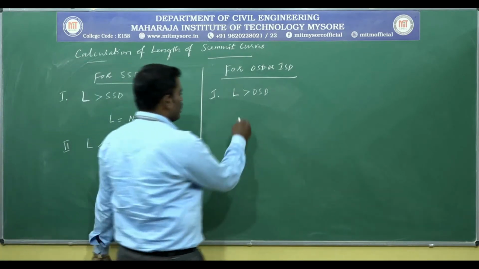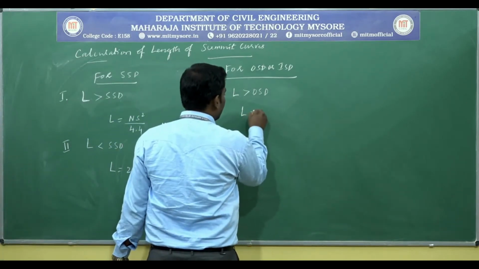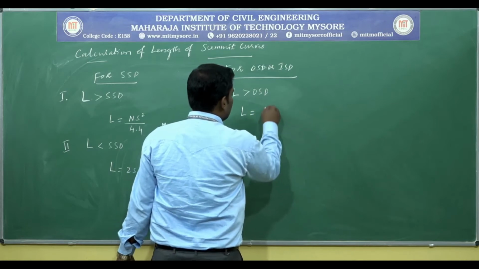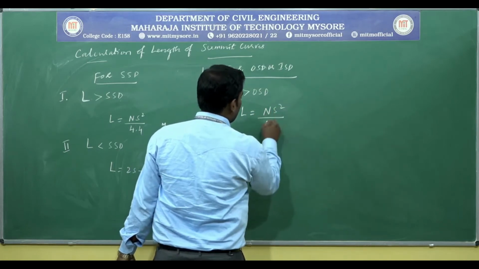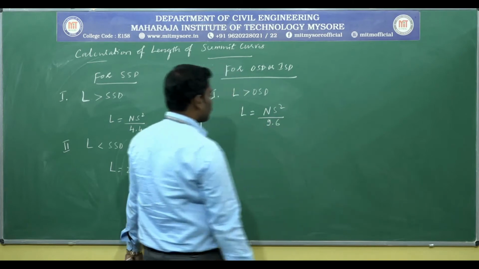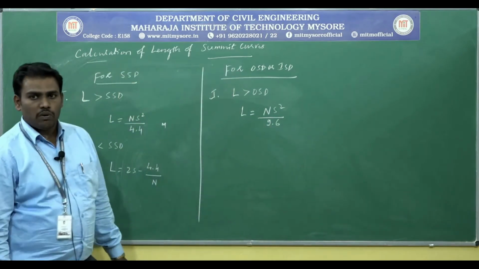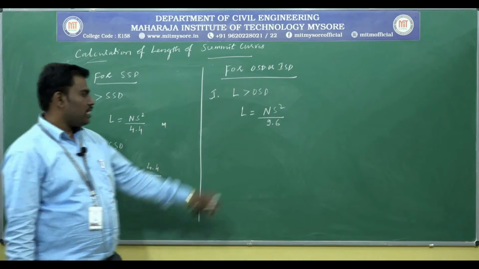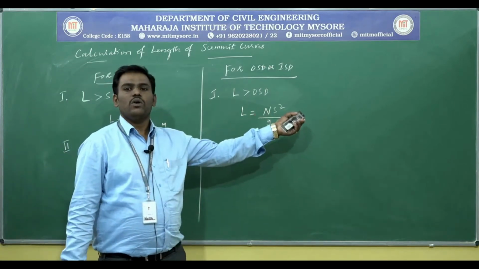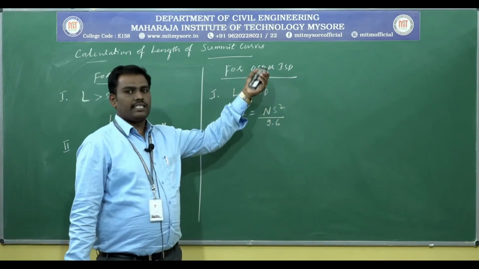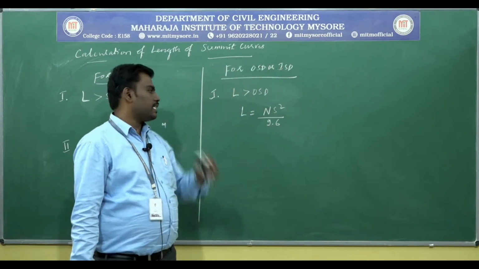For this assumption, the length of summit curve is calculated from the formula L is equal to n s square divided by 9.6, where n is the deviation angle and s is the overtaking sight distance or intermediate sight distance.